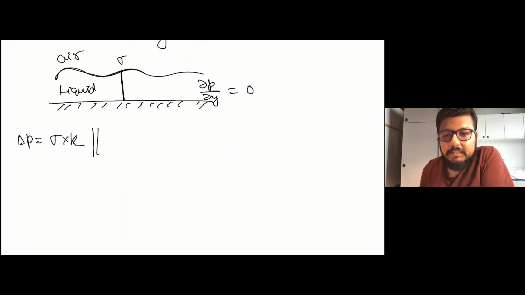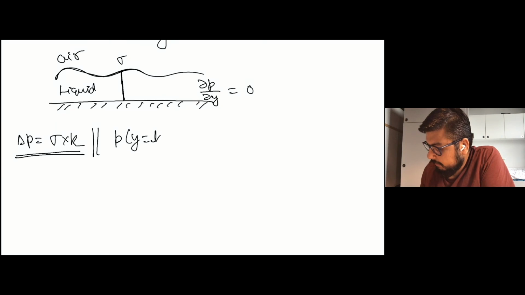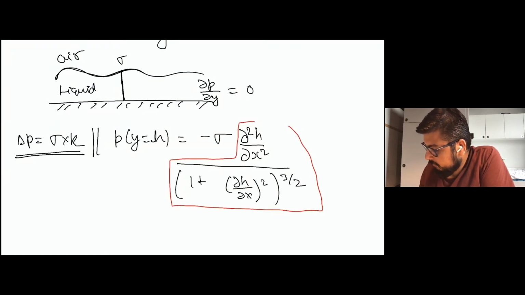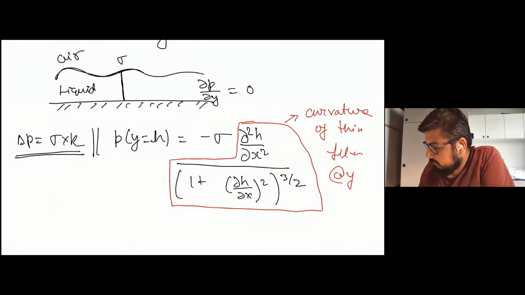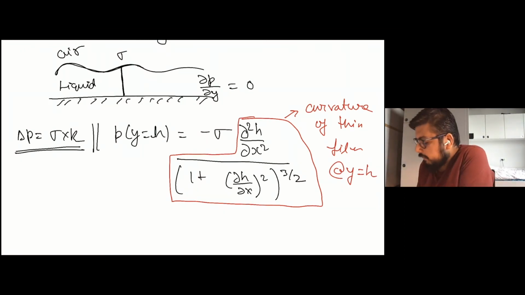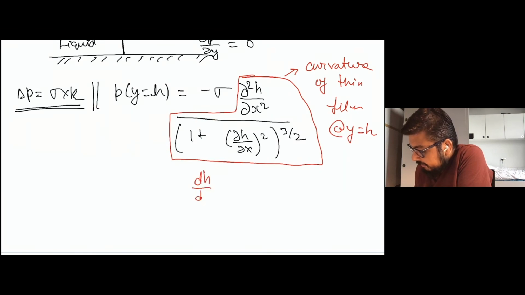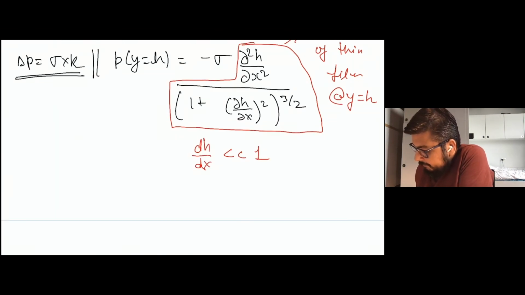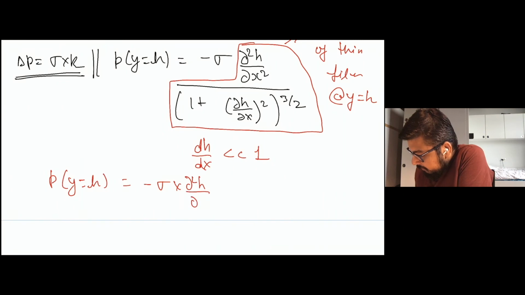So what this surface tension does is that it introduces a Laplace pressure at the interface, which means that the pressure at y is equal to h can be written as, this term over here is the curvature of the thin film at y is equal to h. Now, of course, since we are in the long wave approximation limit, we are going to assume that dh by dx is much smaller than 1. And so we get the pressure at y is equal to h is nothing but minus sigma times del square h by del x square.